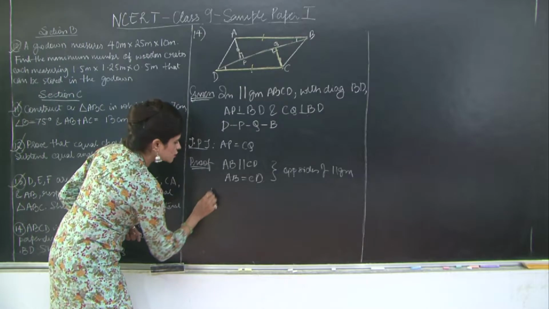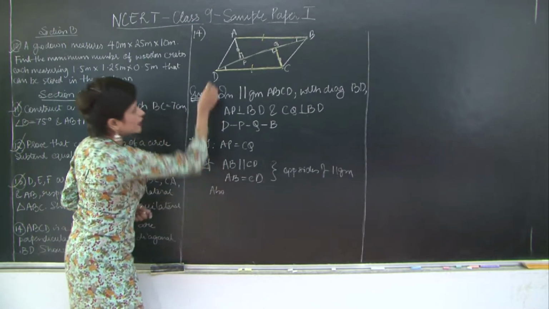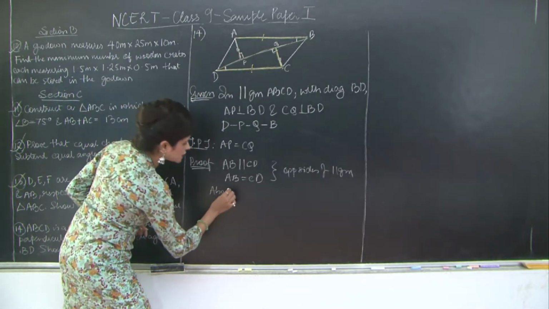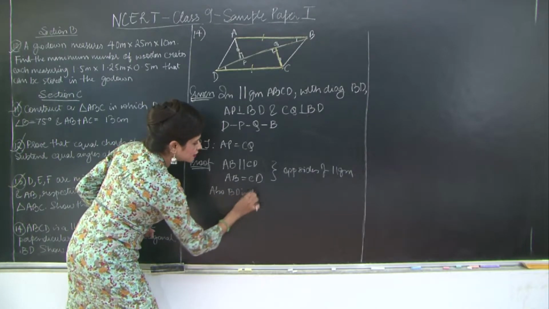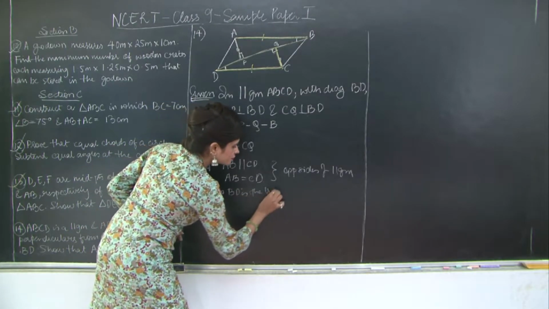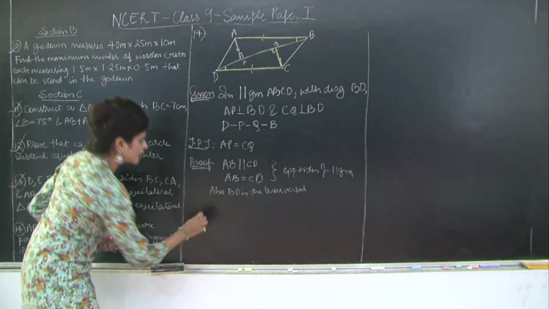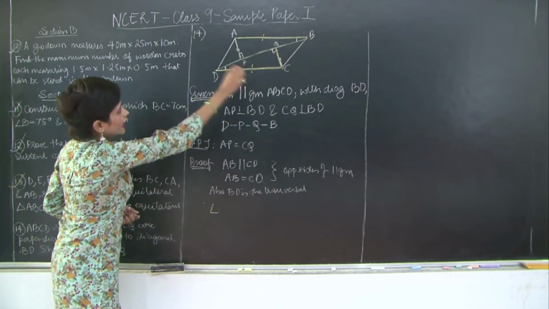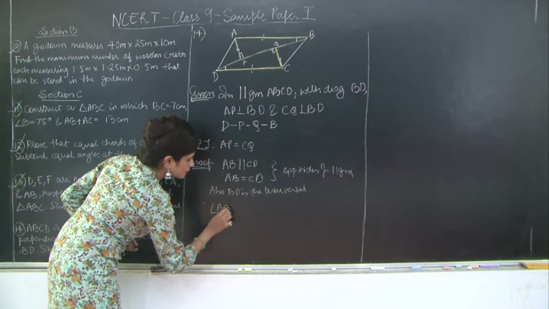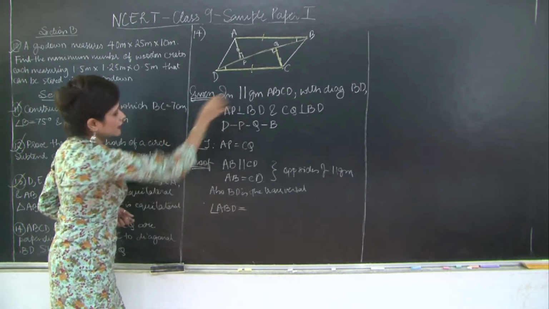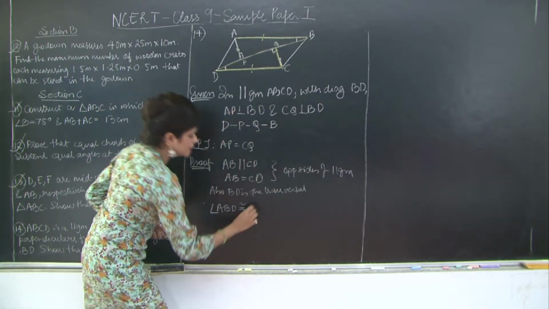Okay. Also, what do we have? I have BD as my transversal. BD is the transversal. Therefore, what do I get? Therefore, angle ABD is equal to or congruent to angle CDB.